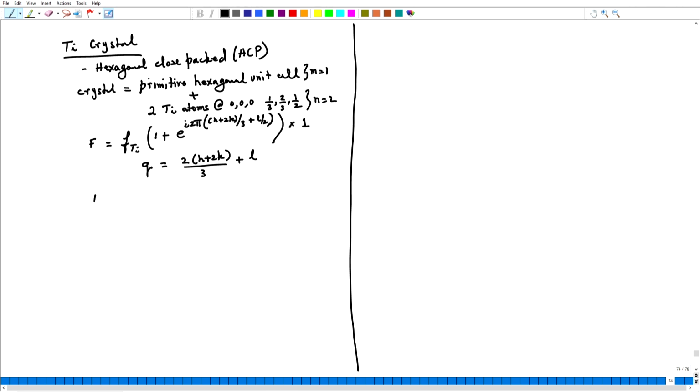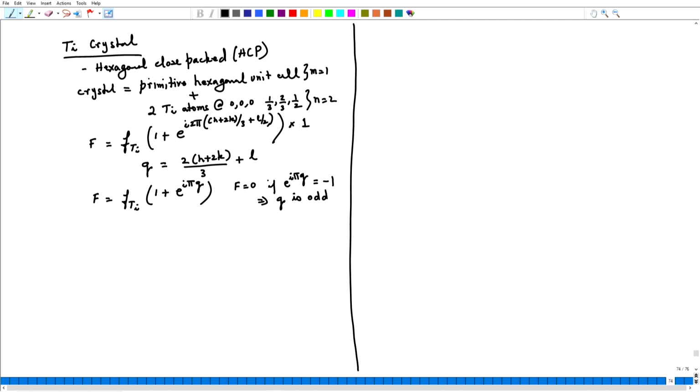So, I can write the structure factor as f_Ti times (1 plus e to power i pi q). Now, clearly F would go to 0 if e to power i pi q becomes minus 1, which implies that F will be 0 when the value of q is an odd number. But otherwise q here can be a fraction as well, and then this remains in complex form.